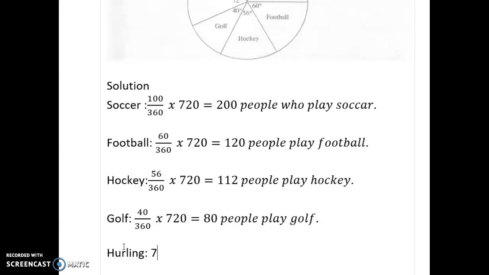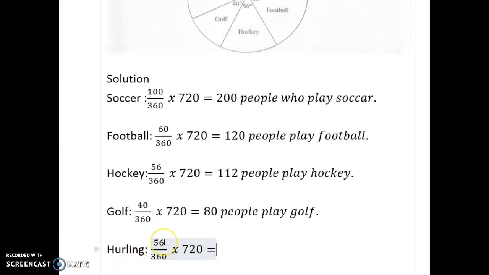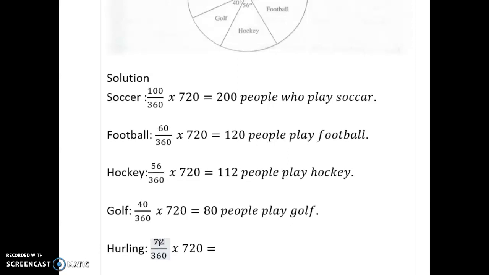At hurling, which is 72 degrees, that's going to be 144 people. Okay, so you can see how this is going, and you continue on like that.